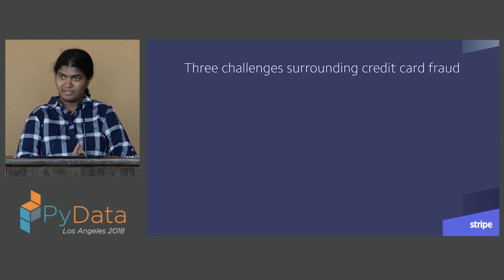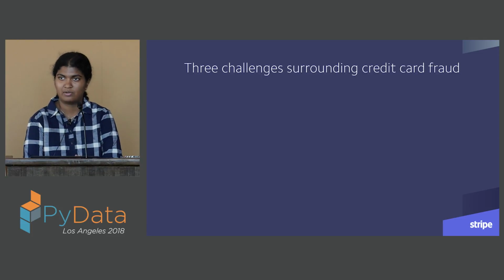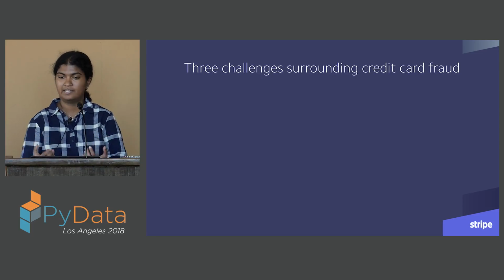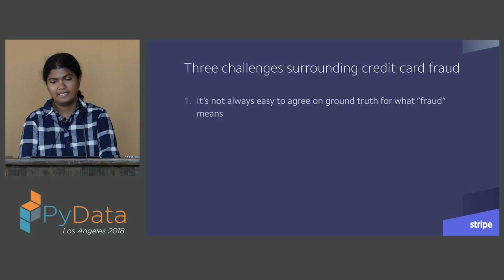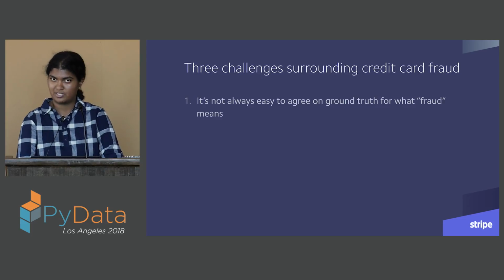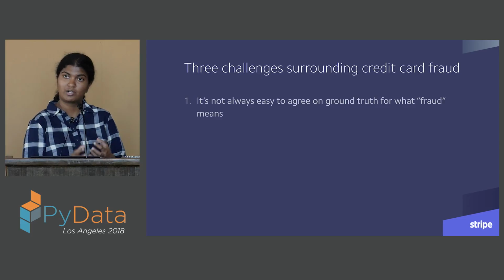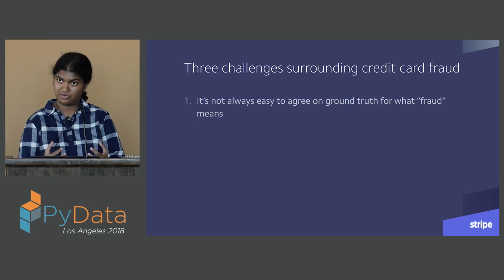With that in mind, there are three major challenges that we have encountered at Stripe while dealing with credit card fraud. The first is that it's not always obvious to everyone what fraud means. The example I just presented, with someone stealing your credit card number and buying something illegally, is pretty cut and dry: this was fraud.